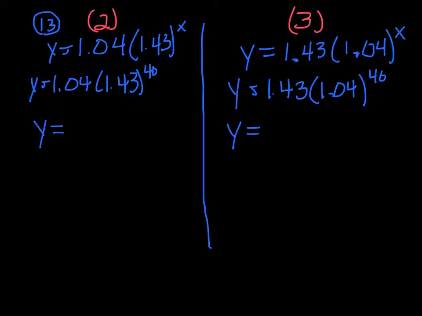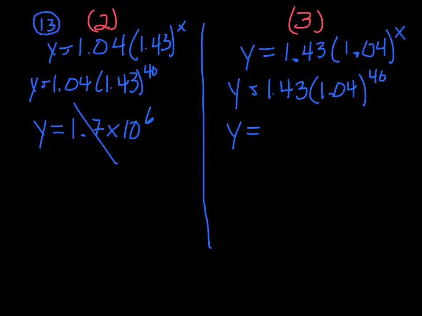Well, when I do the one on the left, which is choice 2, I get 1.7 times 10 to the 6th, which is a very large number. It is certainly not 5. So we now know obviously the answer is choice 3, but let's just go ahead and do this anyway.